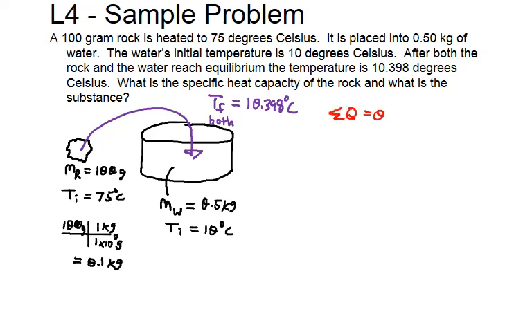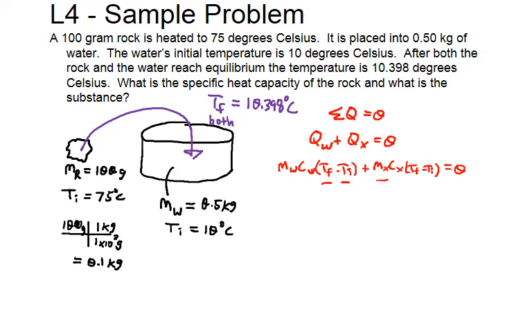And so if we set up our sum of the Q's to equal 0, we've got that. And what we're going to do is take a look at both Q of the water and Q of our unknown substance, X. And when we set this up, we have the mass of the water, specific heat of the water, temperature final minus temperature initial of the water.